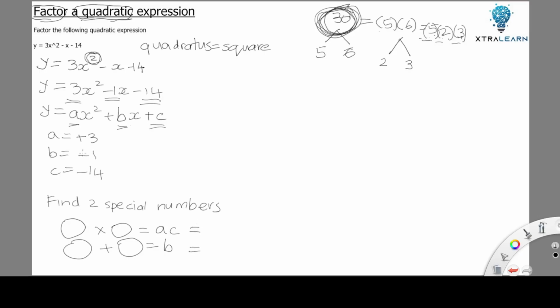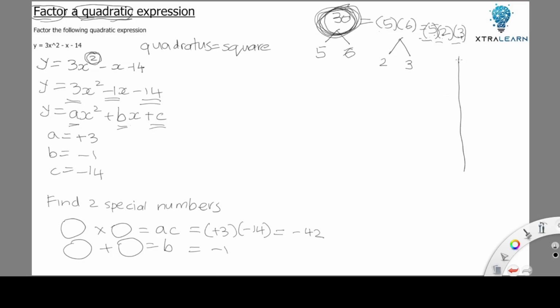So in this example, a is positive 3, and c is negative 14. And positive 3 times negative 14 is negative 42. And the b number is negative 1. So we need to find two numbers that multiply to give you negative 42 and add up to give you negative 1.